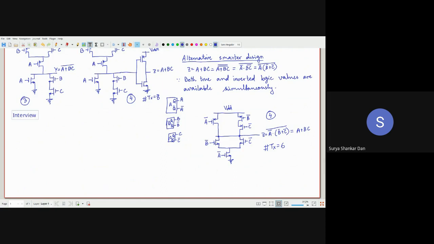Interview question: Why is the resistive load never preferred for digital logic implementation?